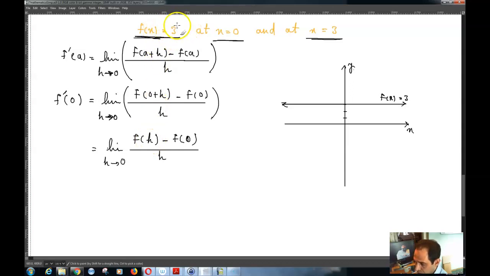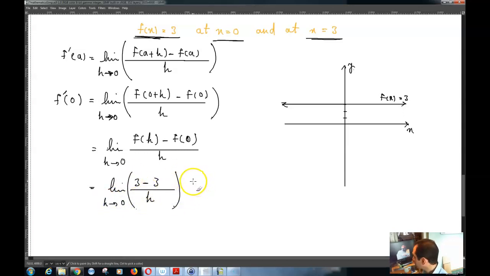So at any rate you get 3 over here, and f of 0 is again the same value 3. So you get the limit of 3 minus 3 over h as h tends to 0.